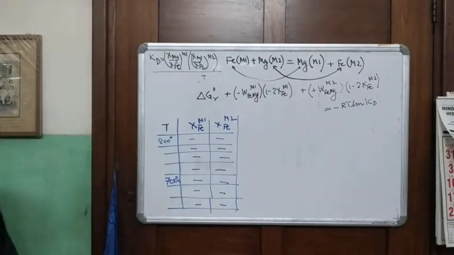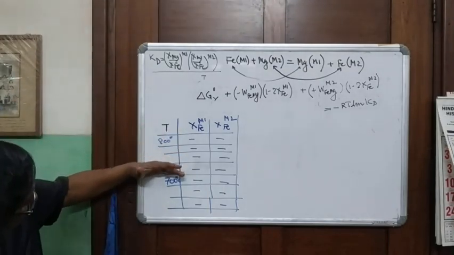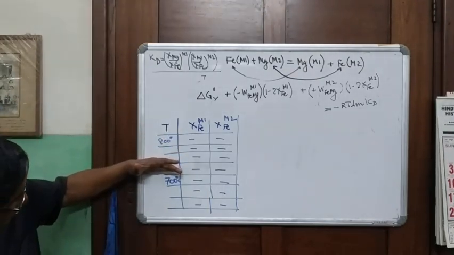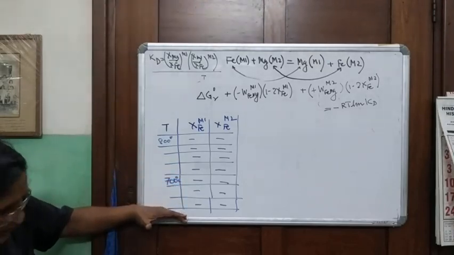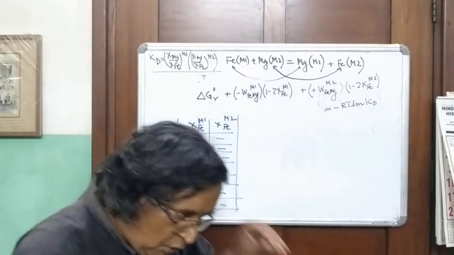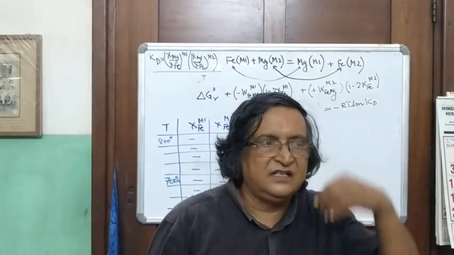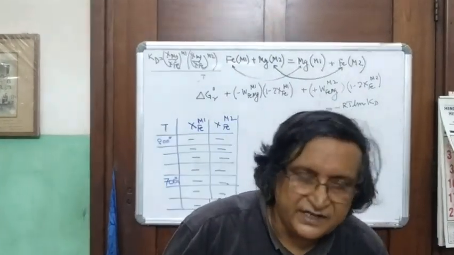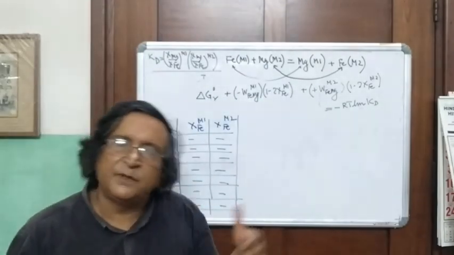In fact, you have this data at different temperatures up to 1200 degrees centigrade if you take the paper of Wiesenhorn.